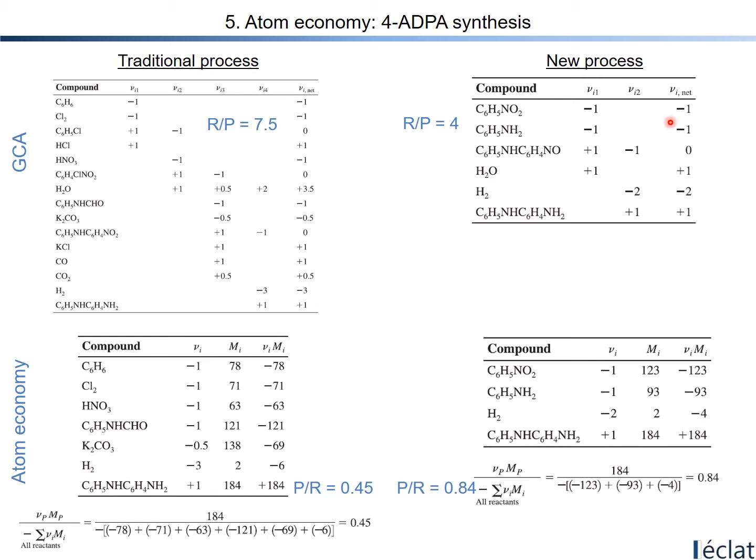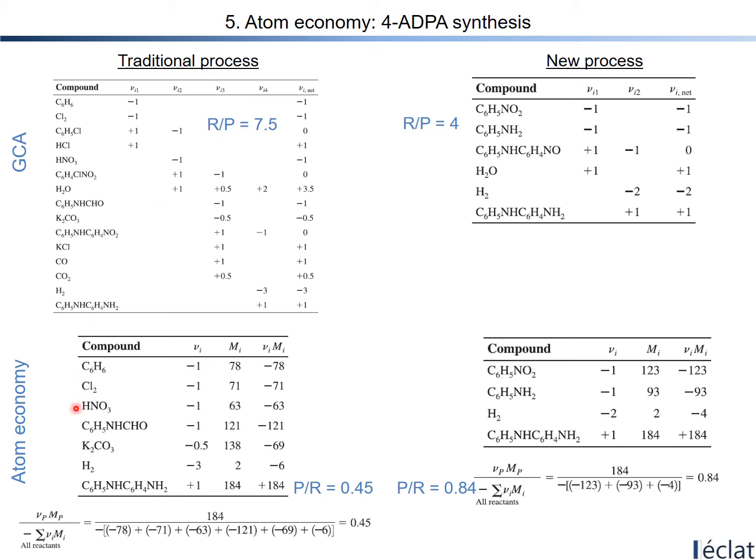In terms of RP ratio, the smaller value is better, of course, right? Because it means a smaller amount of reactant is required for making 1 mole of product. So 7.5 for the traditional process and 4 for the new process. I can say that the new process is better than the traditional process in terms of RP ratio.